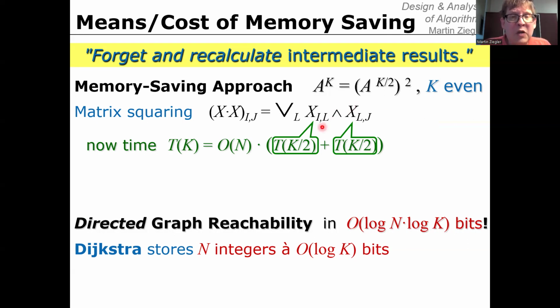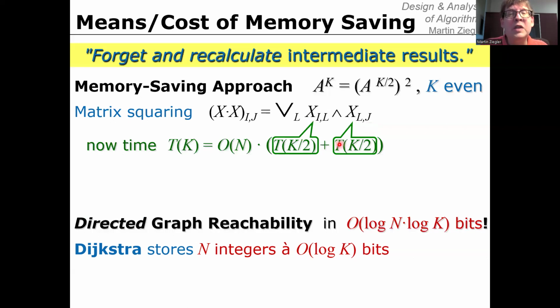And this memory efficient algorithm, recall, whenever it needs, to square the matrix X, the entry at position i, l, it will make a recursive call to calculate that matrix, which in turn, in general, is the square of another matrix. And when it needs the entry X l, j, it also makes a recursive call.